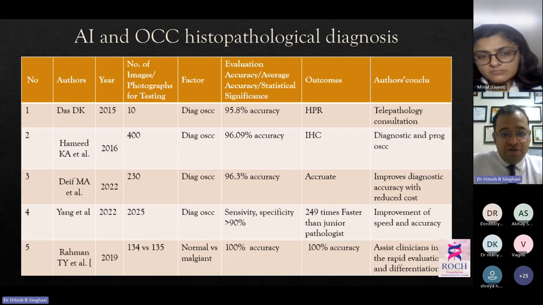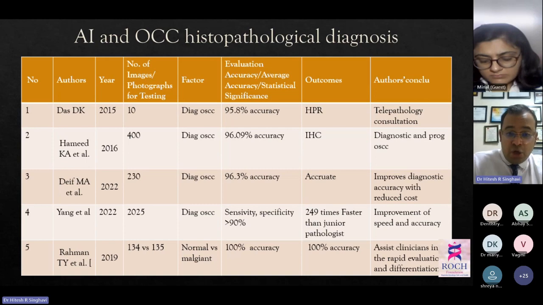Now you take the fourth study, Young et al., which I want to stress upon because in this study there were two pathologists. One with less than 5 years of experience, which they have termed as junior pathologist, and more than 5 years of experience they have termed as senior pathologist. And here what they have discovered is the accuracy of the AI was better than a junior pathologist.